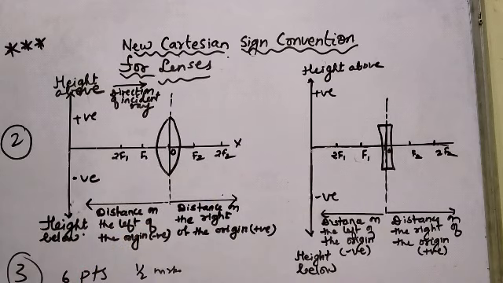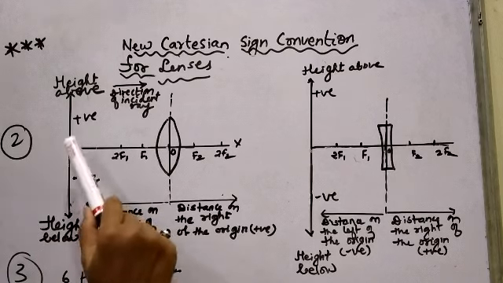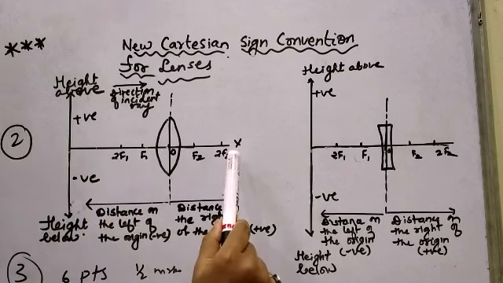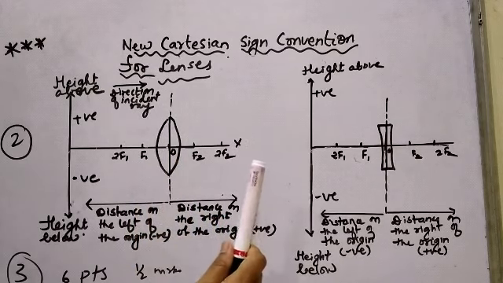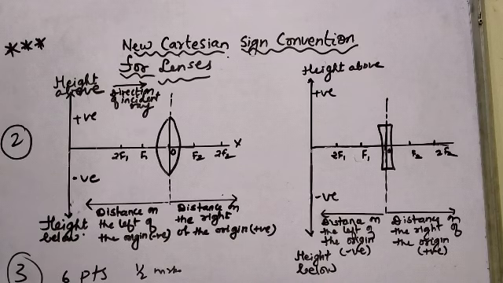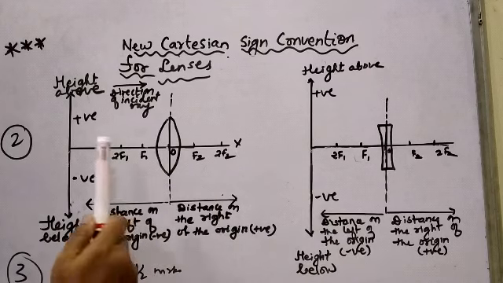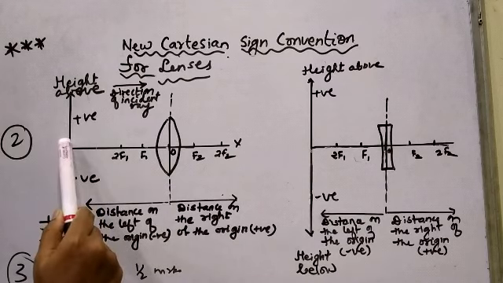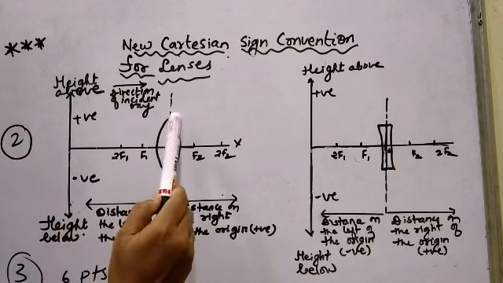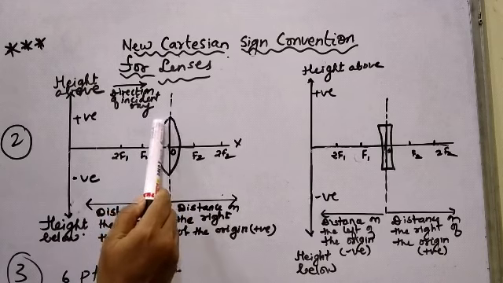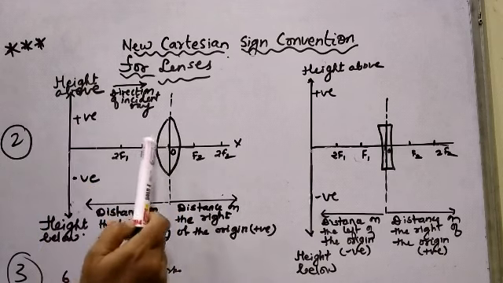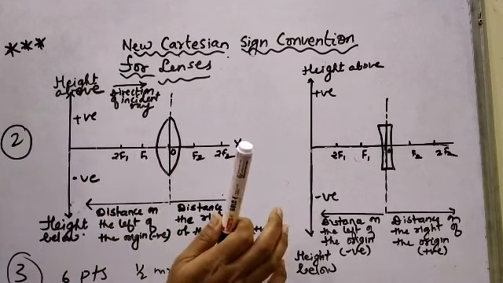So what will you first write before starting the new Cartesian sign convention? That the principal axis is the x-axis of the coordinate system and the optical center of the lens is taken as the origin. Then you mention the sign conventions. First, the object is always placed on the left hand side of the lens. Second, all the distances parallel to the principal axis, this is your principal axis, should be measured from the optical center.